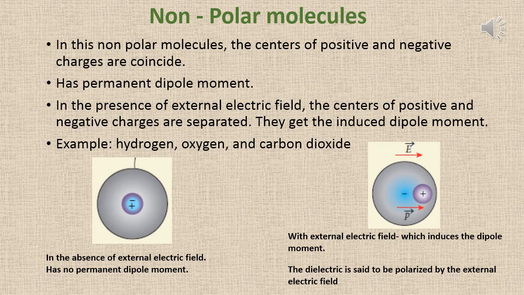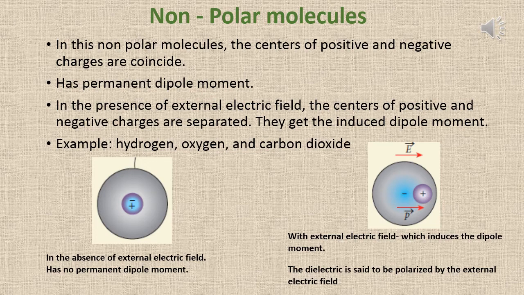But if a non-polar molecule is placed within the electric field, as I have already told earlier, the position of the center of gravity of the electrons and the position of the center of gravity of the positive charge are slightly displaced, and because of that they are separated.